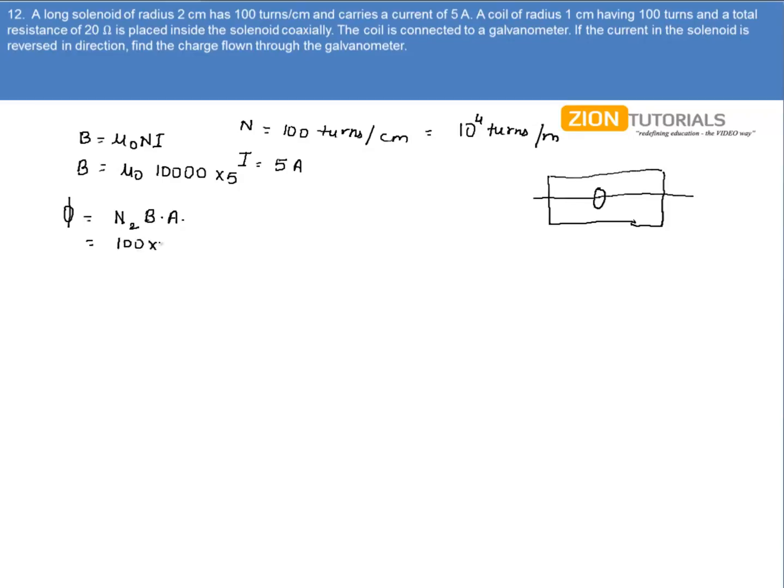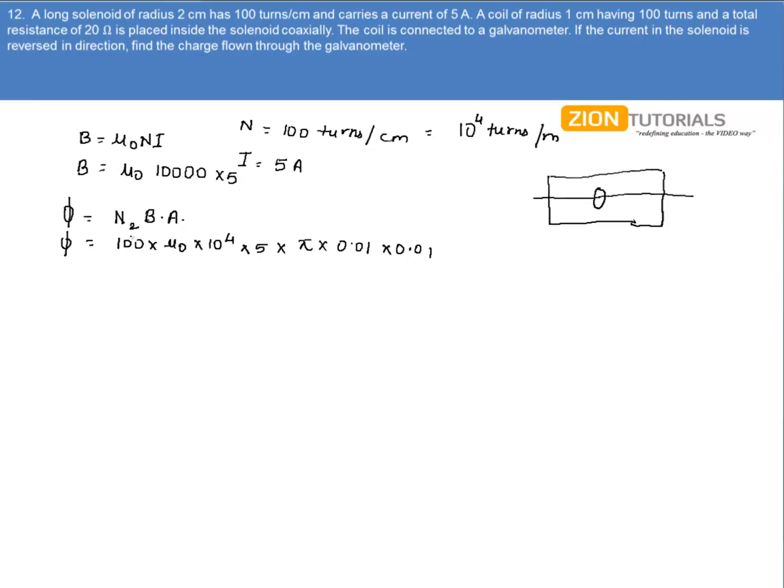The magnetic field passing through the coil we calculated above, that is mu naught into 10 to the power 4 into 5, into area of the coil. We have a coil of radius 1 centimeter, so it will be pi r square, where radius is 0.01 into 0.01. This is the flux passing through the coil.